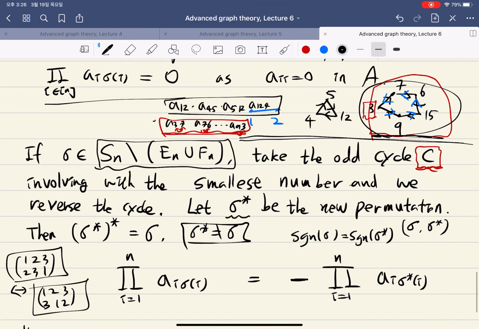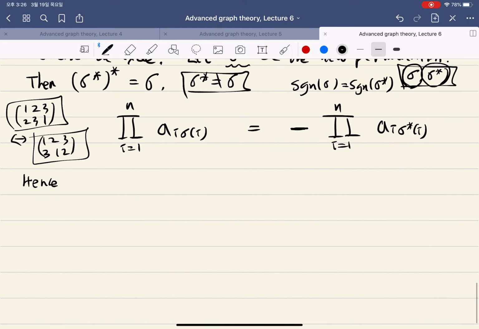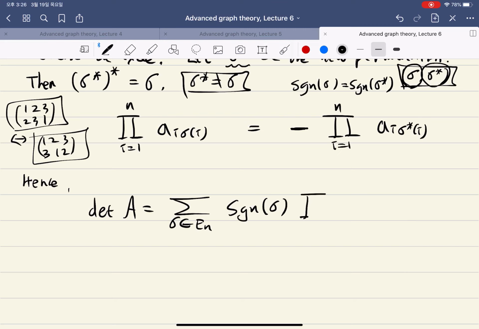So once you pair them up, the term related to the first one and the term related to the second one cancel each other. So every term in this part cancels, and the result is 0. So hence what we know is that the determinant of A, you only have to sum over all permutations in En only.